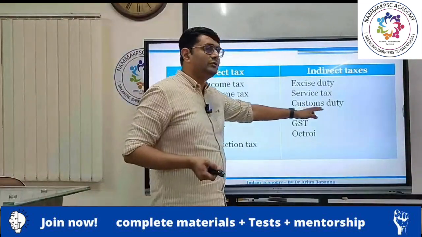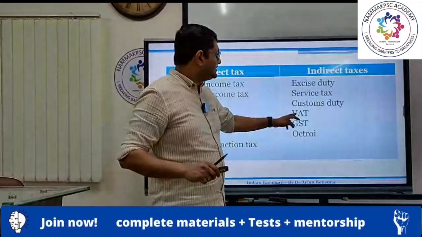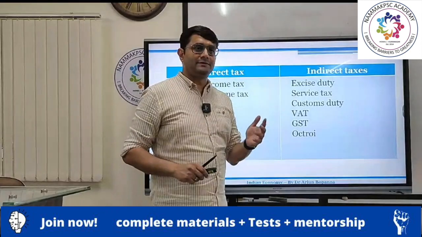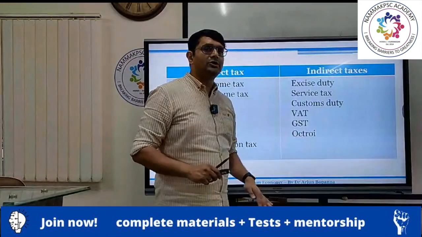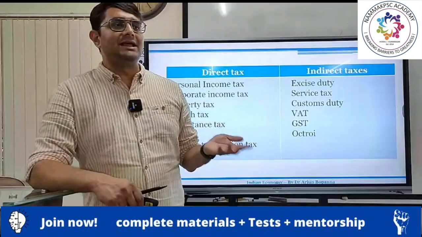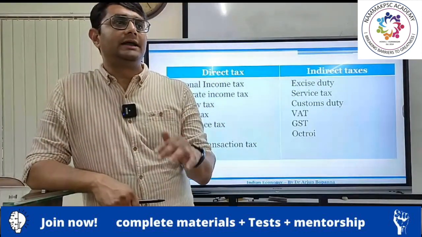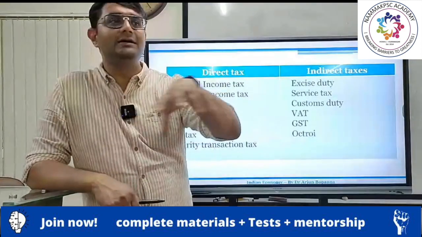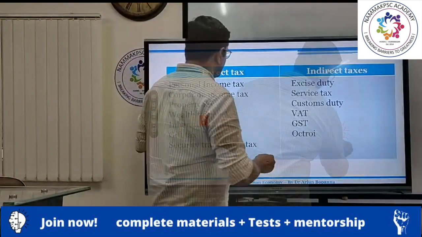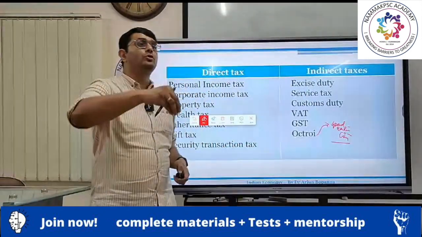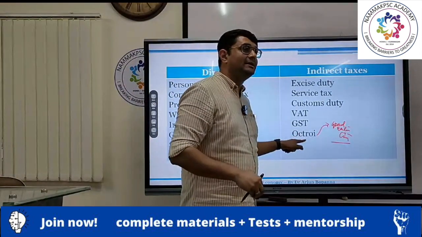Customs duty is tax on import and export. VAT was sales tax; I'll come to that, value added tax, GST. Octroi is a tax levied on the entry of goods into a territory, for example, a tax levied when goods enter a city.